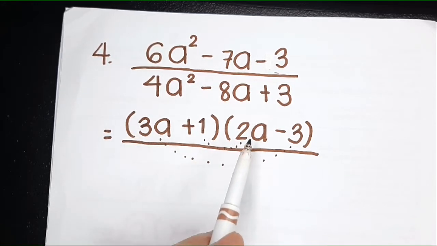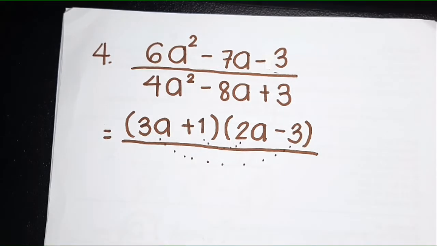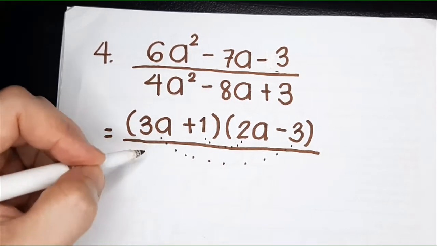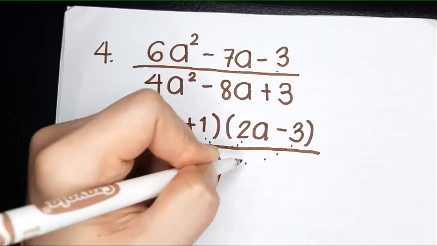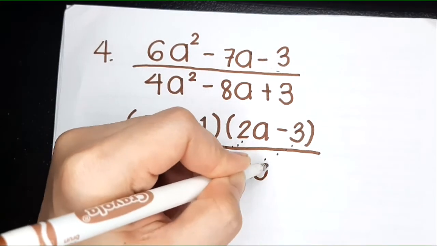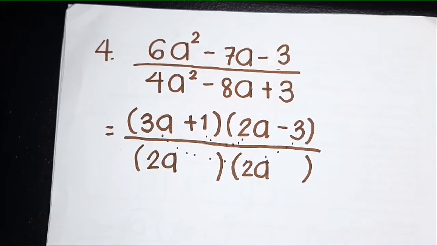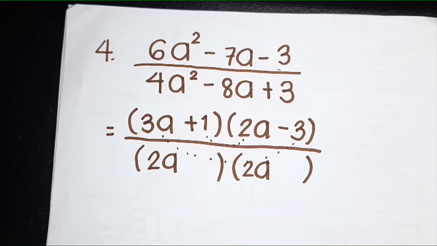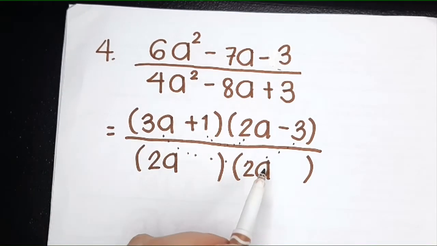Magiging clue nyo na to kung anong magiging factors ng denominator. So, 4a squared, you will use 2a times 2a. So, clue na yon. You cannot use 4a times a, kasi wala naman sa taas. So, all you have to use is 2a times 2a.